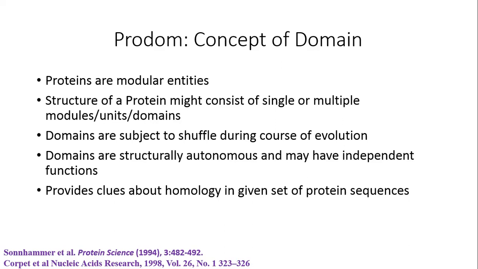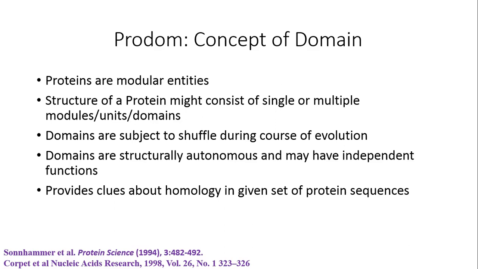Okay, so in such a way, there can be multiple domains present in a single protein, and each individual domain might perform its own individual function. Thus the structure of a protein might consist of single or multiple modules or units. We call them domains. Now these domains are subject to shuffling during the course of evolution.